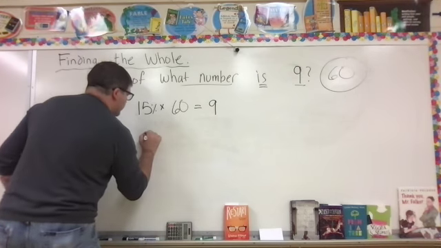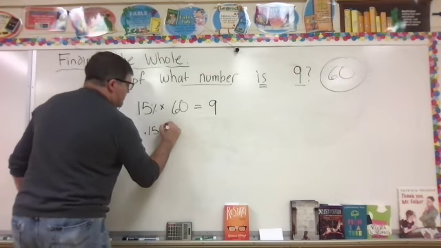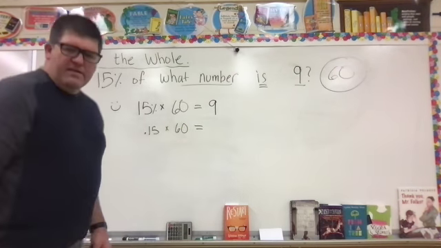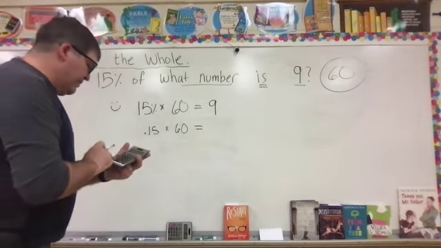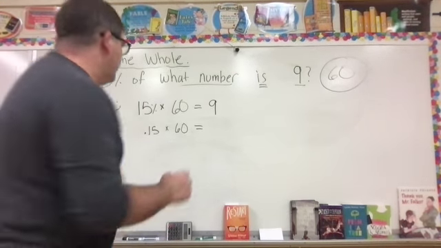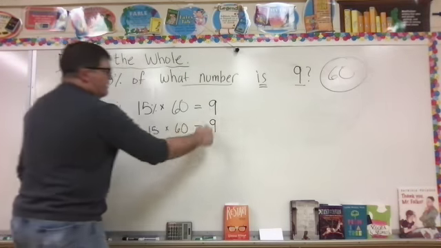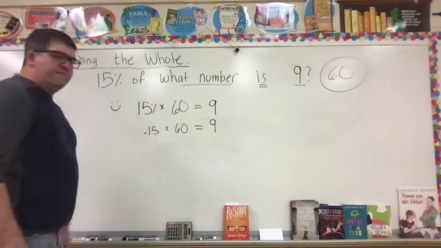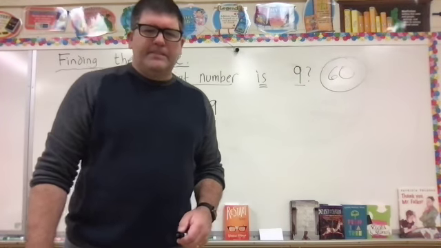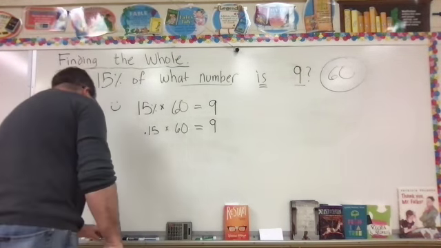So I'm going to change this to 0.15 times 60 equals. So I go back to my calculator. 0.15 times 60 equals 9. Oh, that's exactly what I wanted. And it checks out. Okay, let's do another one.